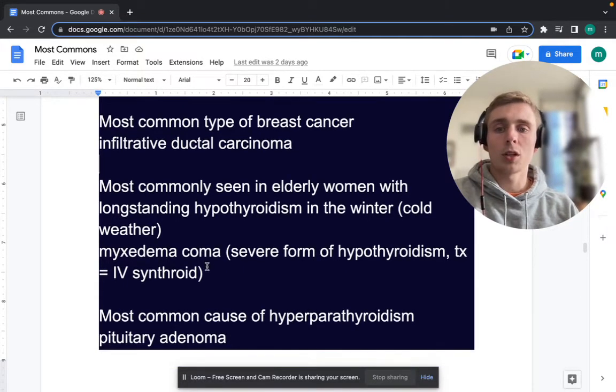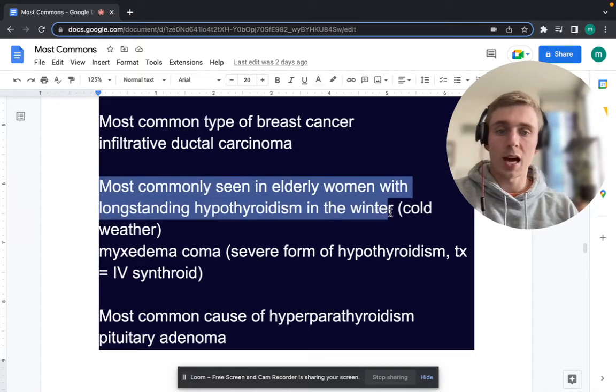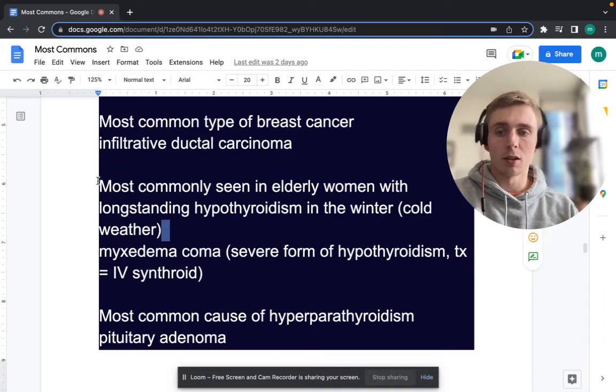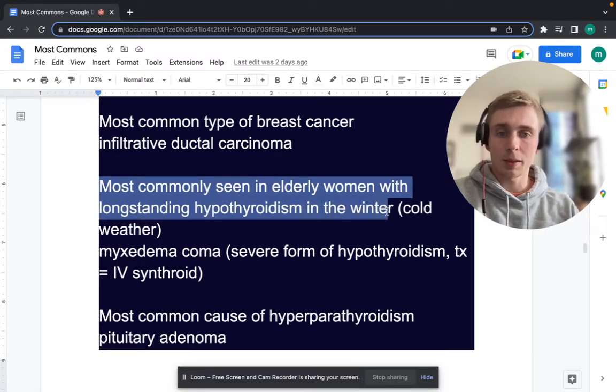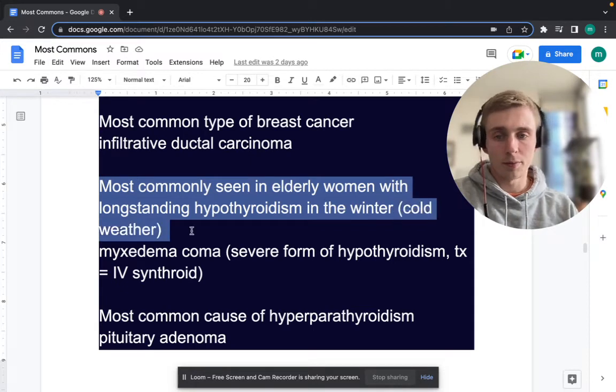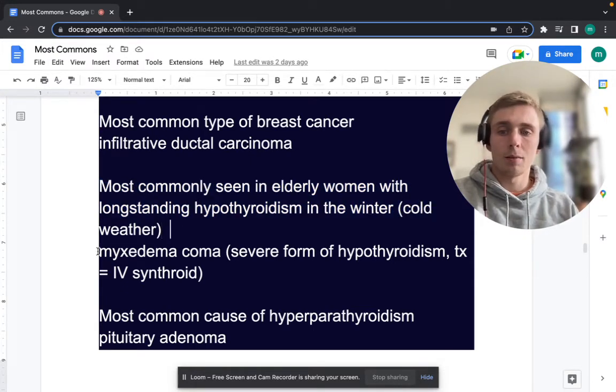How about the most commonly seen in elderly women with long-standing hypothyroidism in the winter? So that's a long one. So it's not really a most commonly, but most commonly seen in elderly women with a long-standing hypothyroidism, especially in the winter, cold weather. So that's going to be myxedema coma.